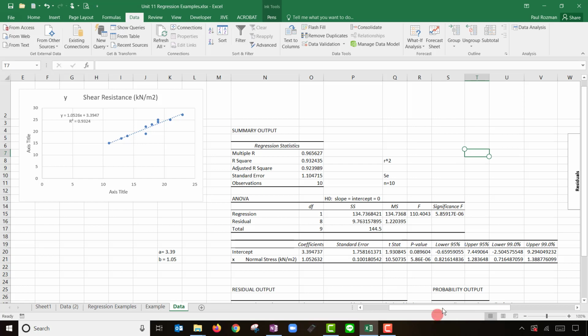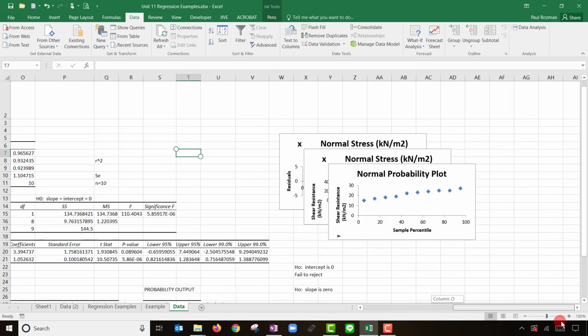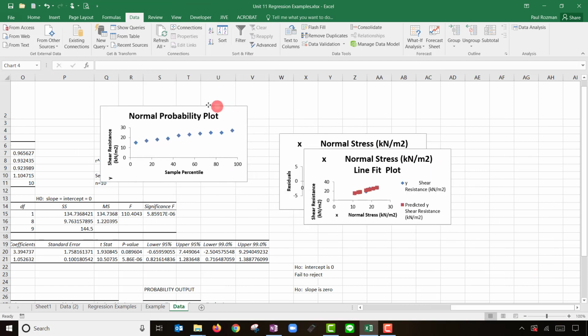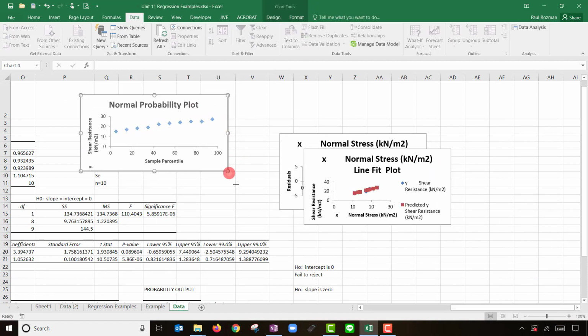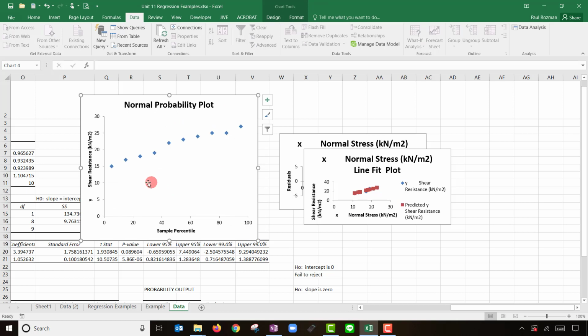We could look at some of the other plots that Excel gives us. It does a normal probability plot. We learned in another lab that a straight line means you're achieving normality. So this is a nice indication that things are going okay.